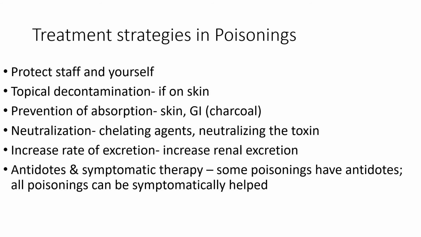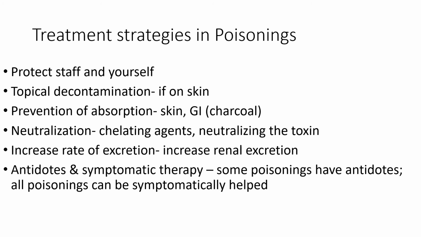You could use Digibind, right, to neutralize it. We have neutralizing medications for toxins. So it's already made it past the gastrointestinal tract. Now we have to address the fact that it's in the bloodstream.